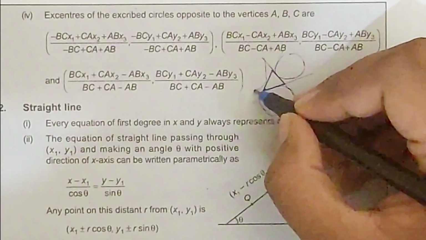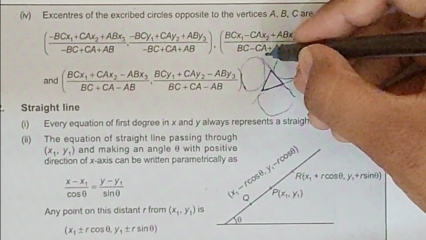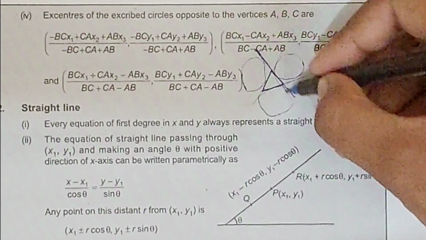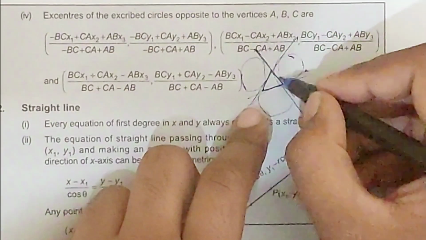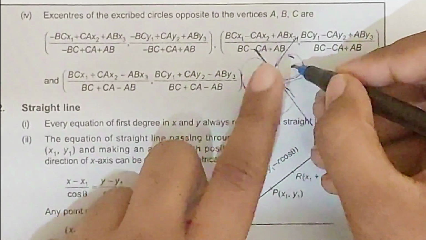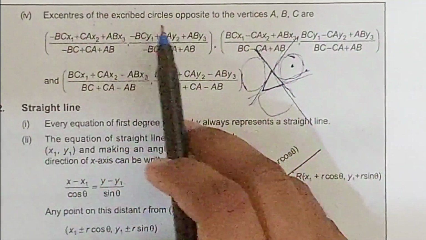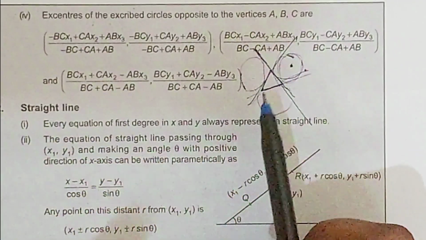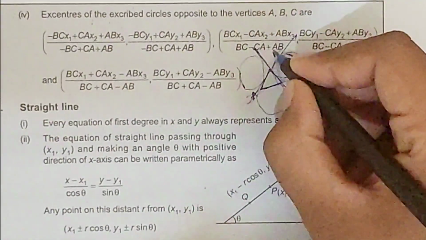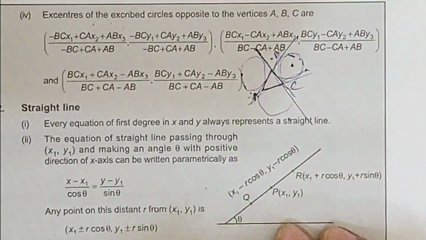So on the sides you make a circle touching the tangent, which is the side here as it is. The center of this is called the excenter, and this is called the excircle. The centers of the escribed circles opposite to the vertices A, B, and C. Yeah, this is A, this is B, this is C.